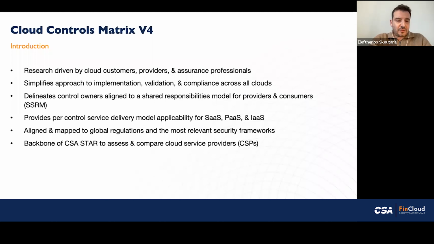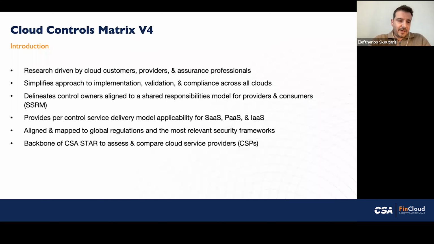It offers a set of well-defined security domains and underlying control specifications, with the objective to simplify cloud organizations' approach towards proper implementation of those controls, their assessment, and finally to meet compliance and achieve that across all different types of clouds.